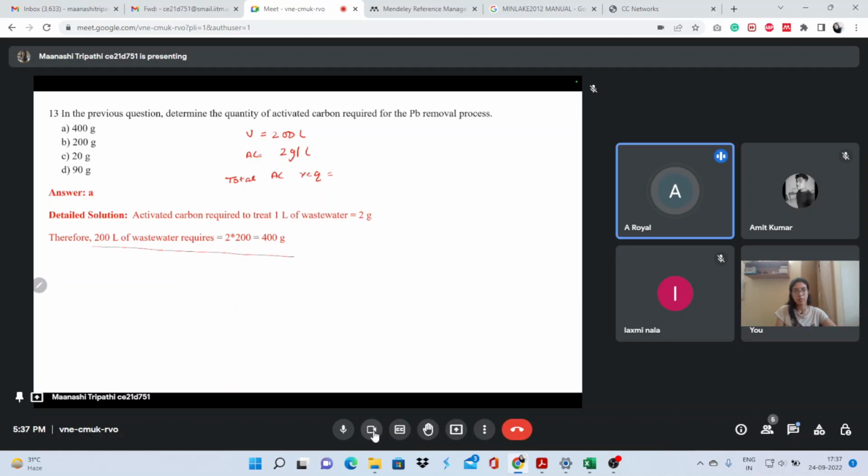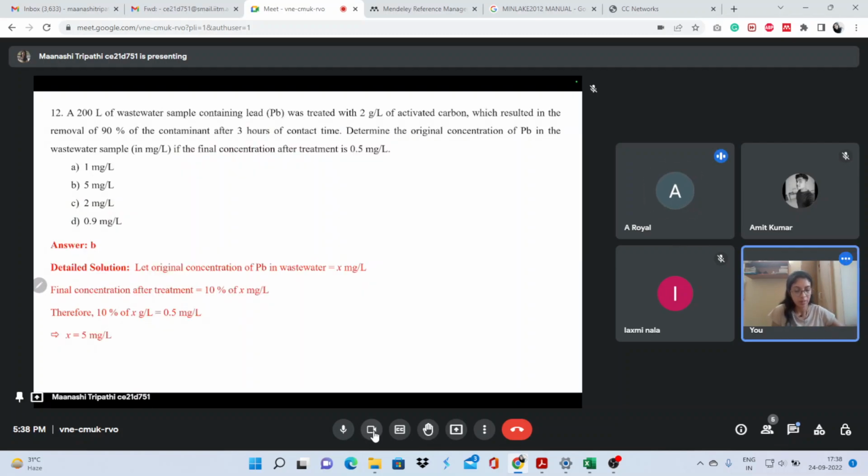Ma'am, I have a doubt here. In your remaining 0.5 milligram, is that to be allowed? After treatment, the final concentration is 0.5 milligram per liter.